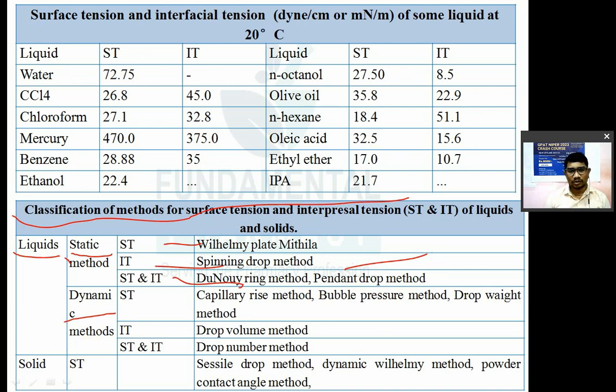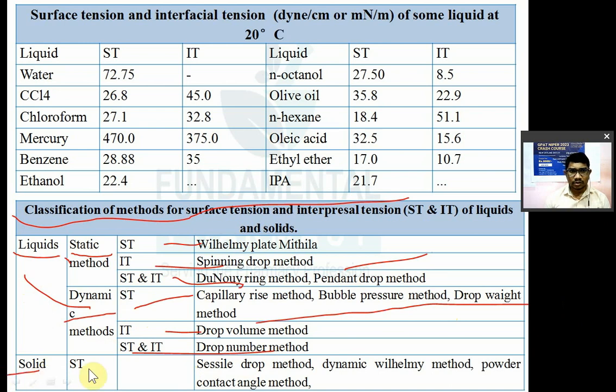Dynamic में आता है the dynamic methods for measurement of liquid surface tension and interfacial tension. Dynamic method for measurement of liquid surface tension only: capillary rise method, bubble pressure method, drop weight method. Measurement of interfacial tension by dynamic method of liquid: drop volume method. Measurement of both surface as well as interfacial tension: drop number method.